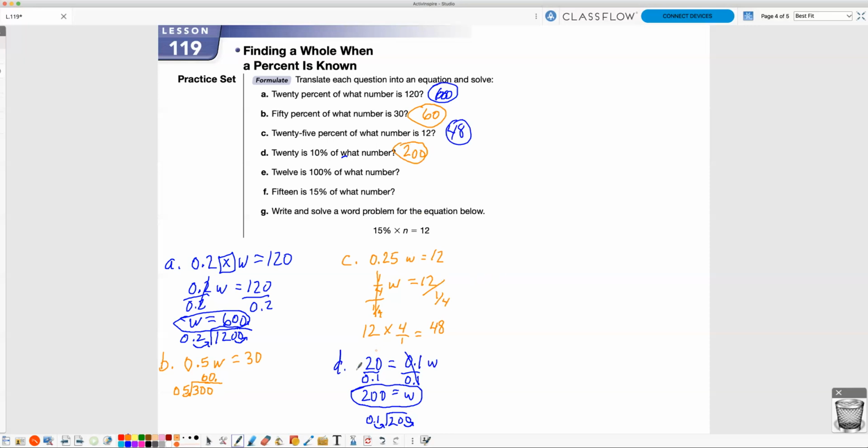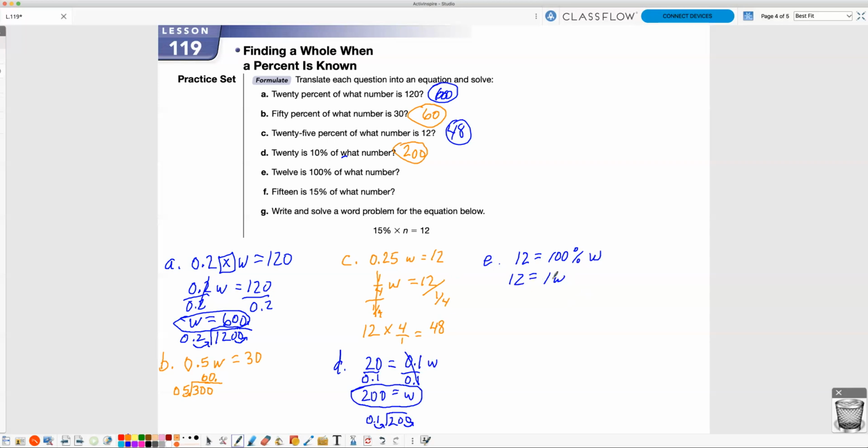And letter E. All right, so for letter E, 12 is 100% of what number? So again, 12 is 100% of what number? So that would be like this. 12 is 100%. What's 100% as a decimal? 1.